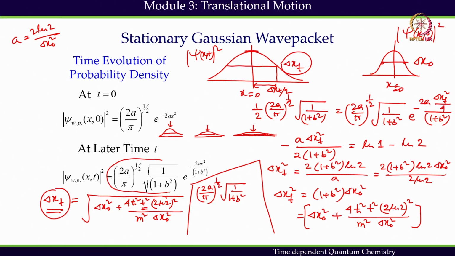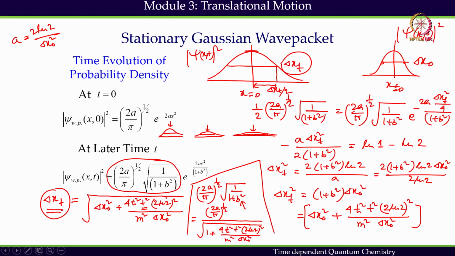This part is the amplitude of the wave packet at time t, and if I plug that in b, then I get an expression like this: a naught divided by square root of 1 plus 4 h cut square t square 2 ln 2 whole square divided by m square delta x naught square.